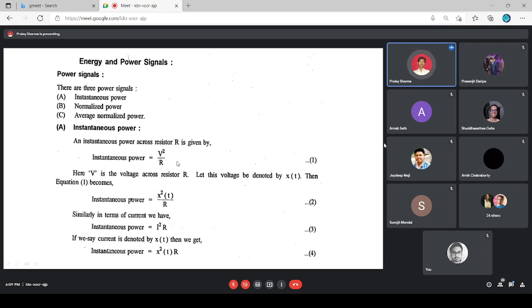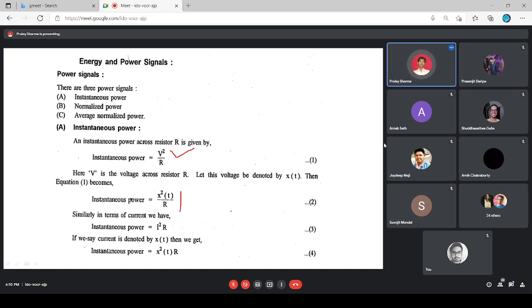If a signal is there and the power is dissipated across the resistance R, then the instantaneous power of that signal can be written as V square by R. That we know from the circuit theory class. Here x(t) is the signal, so the instantaneous power of the signal x(t) we can write as x(t) square by R.